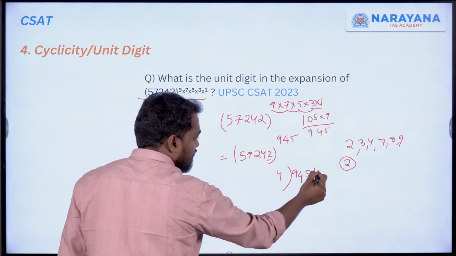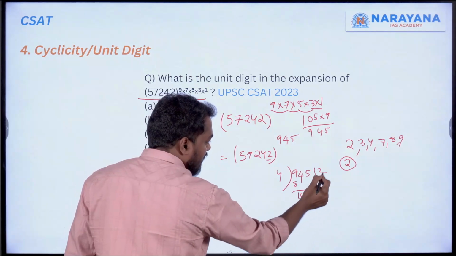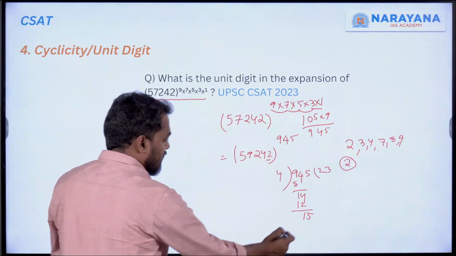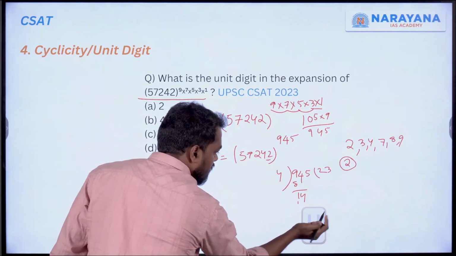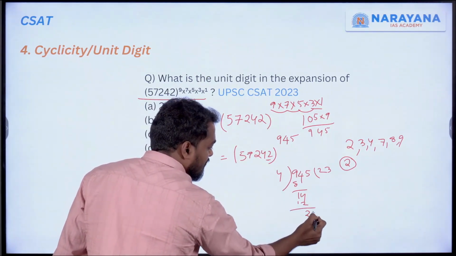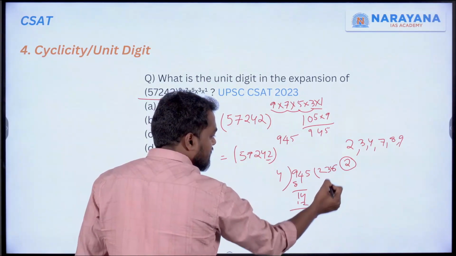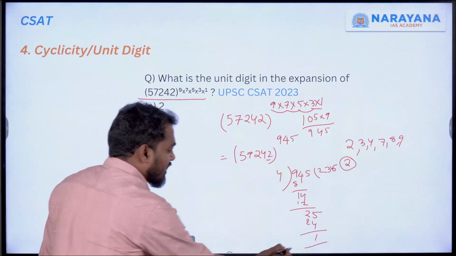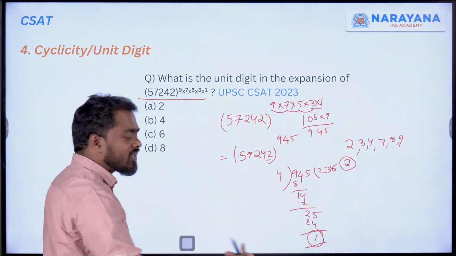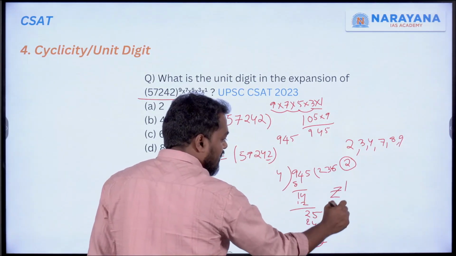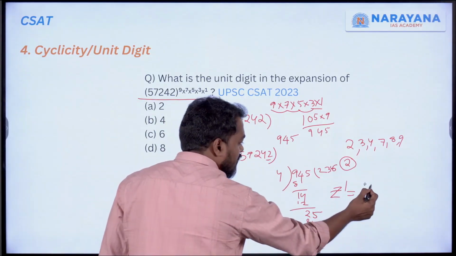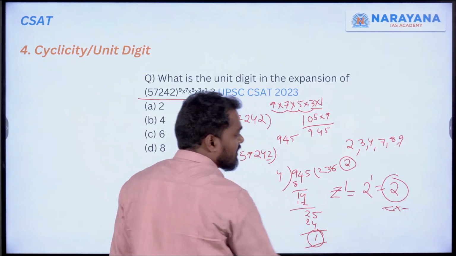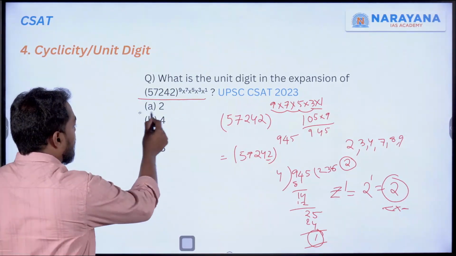Divide it by 4. 4 2s are 8, 14, 4 3s are 12, that is 25, and 4 6s are 24, that is 1. You are getting a remainder of 1. Then what is the unit digit? Z to the power 1. What is this Z? 2. 2 to the power 1. So the answer is 2. Very simple one. Option A.